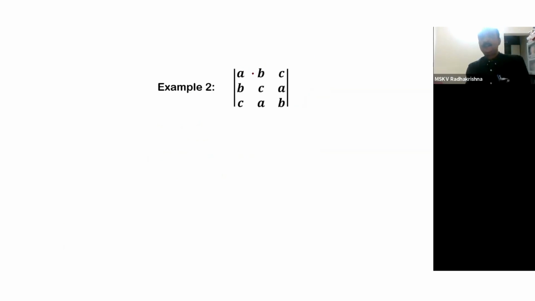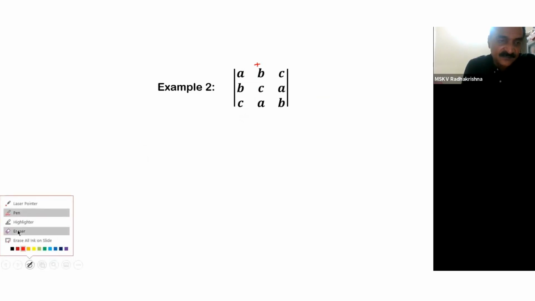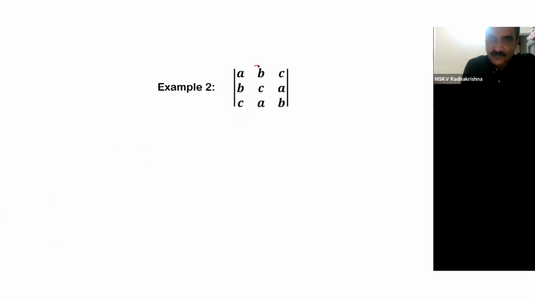Find the determinant A, B, C, B, C, A, C, A, B. This time I want to expand using the second column. For the second column, I have to take signs minus, plus, minus. So first minus B into the subdeterminant, B into B square minus C into A, AC.